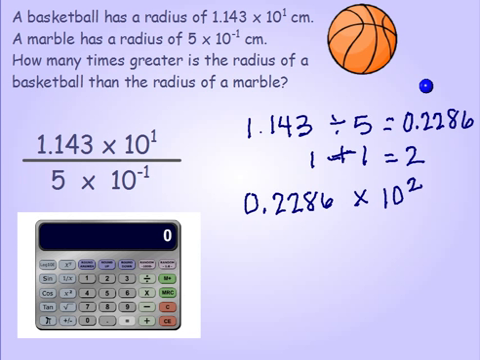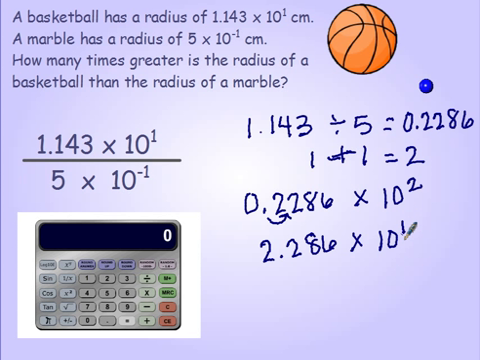What do I need to do to this answer to make it proper? We need to move that decimal to the right. When I move my decimal to the right, it becomes 2.286 times 10, because moving a decimal place to the right subtracts from my exponent.